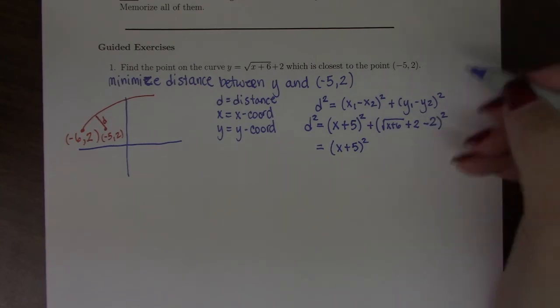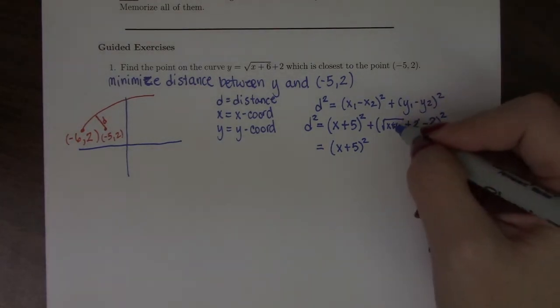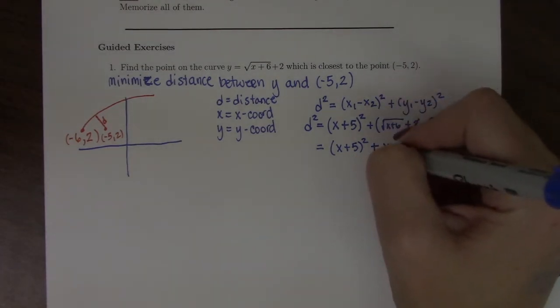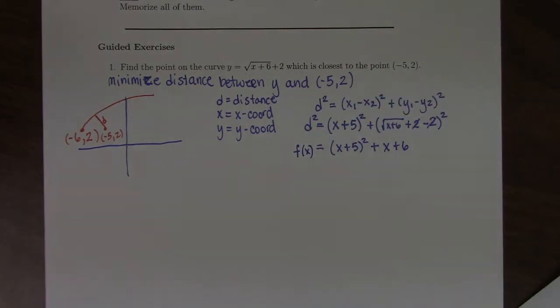And over here, my 2's cancel, they add to 0, and I basically get the square root of x plus 6 squared. Well, when you square a radical, you just get back what was inside. So the function we're going to differentiate here is x plus 5 quantity squared plus x plus 6.